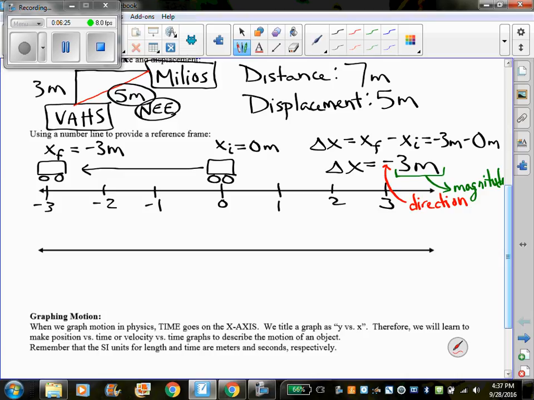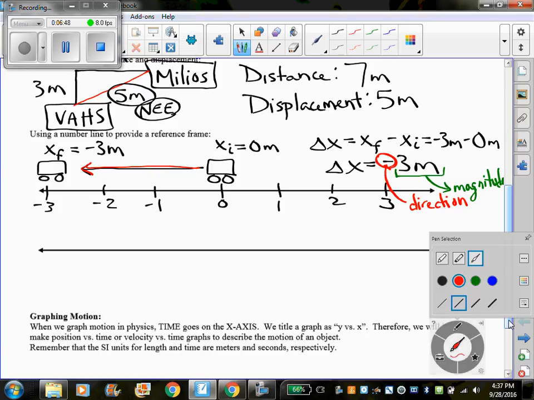On our number line, the negative numbers were to the left. And so if you notice, we moved to the left. And so that's showing up here in this negative sign. So positives and negatives are going to be very, very important in this class. Positives and negatives are going to tell you what direction you are moving.